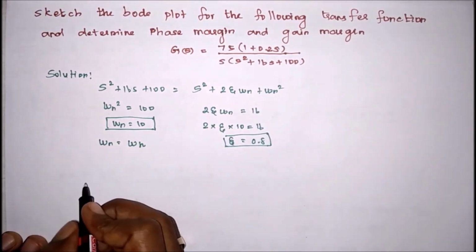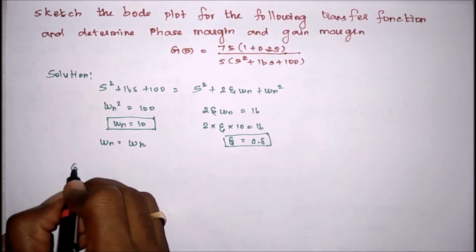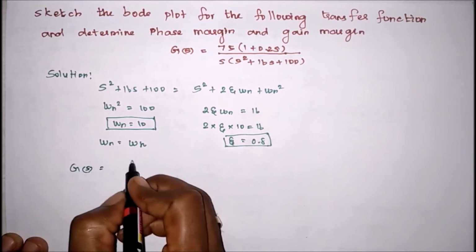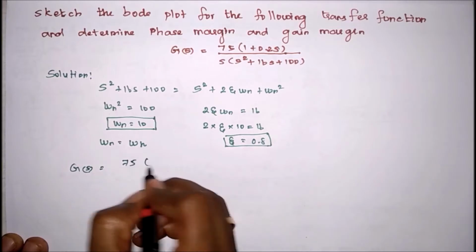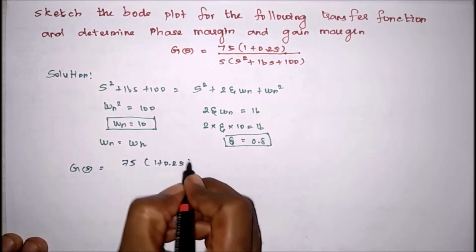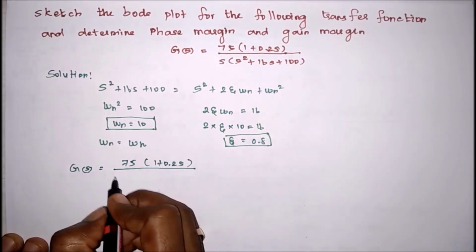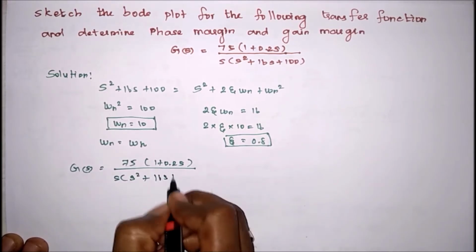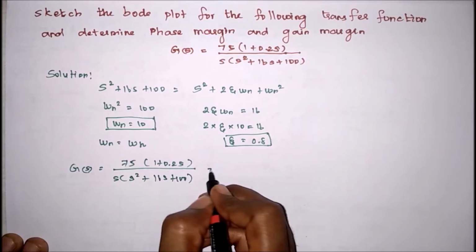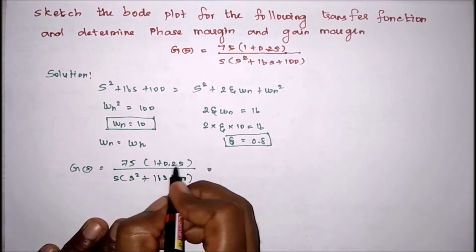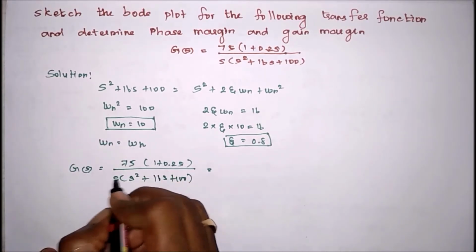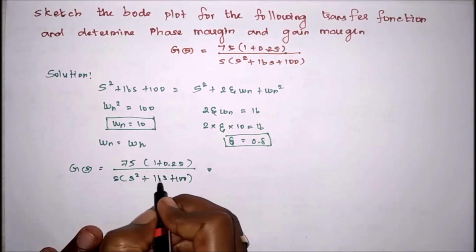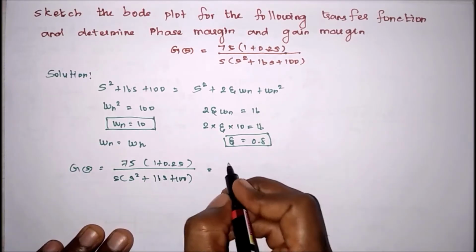So G(s) equals 75(1 + 0.2s) / (s(s^2 + 16s + 100)). The s alone is already in Bode form; here we have to convert the quadratic.